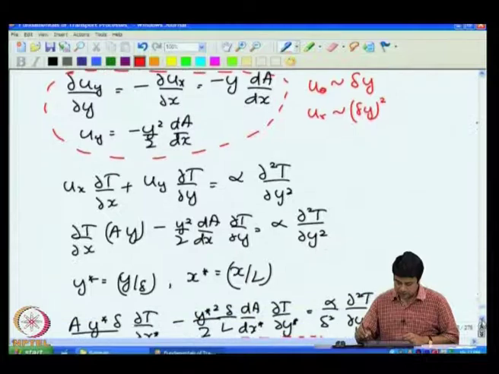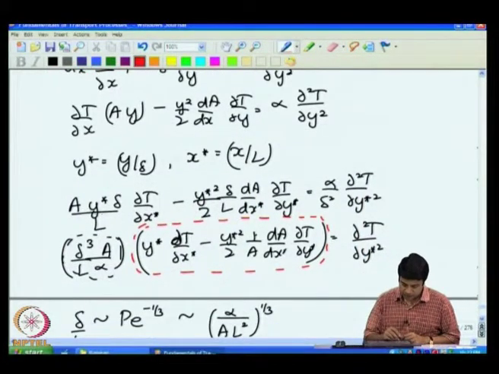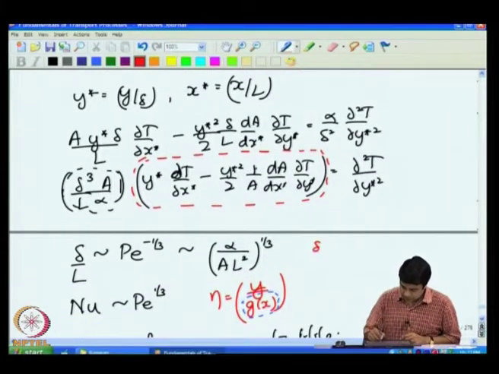And if you put this into this equation, in this case I have y delta and y square delta square here, whereas when there is a slip there will be 1 and delta y here. And with that I will straight away get delta by L goes as Peclet number power minus 1 by 2.